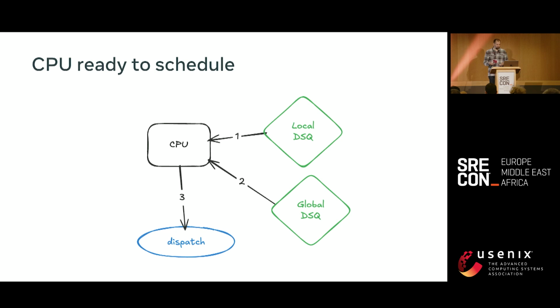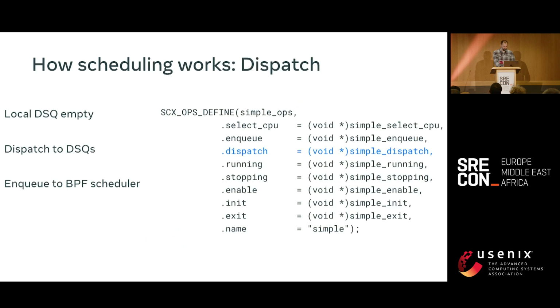So what happens when our CPU is ready to schedule? Just covering this once again, we have our local DSQ that we consume from, our global DSQ, or we can dispatch. So how does dispatch work? If our local DSQ is empty, we can dispatch to our DSQs or enqueue to the BPF scheduler.